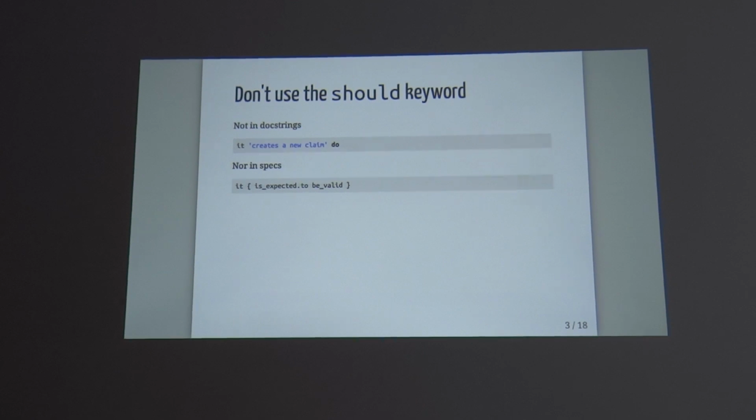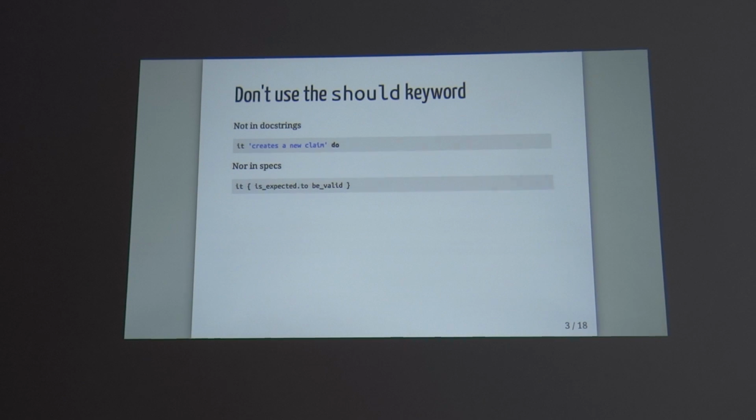So next recommendation is you shouldn't use the should keyword. This is because originally RSpec would add the should method to Ruby objects. So each object that would be created would have this should method, and you could not have a should method in your own Ruby object. It also caused problems with proxy objects.